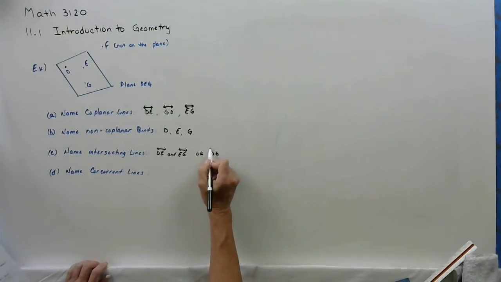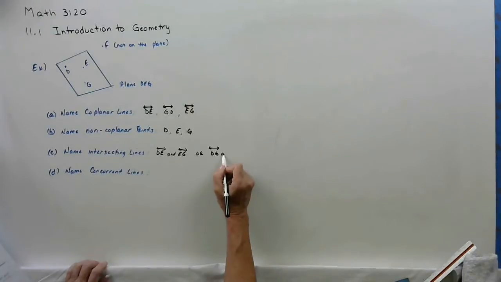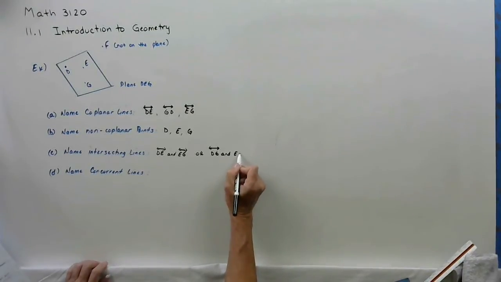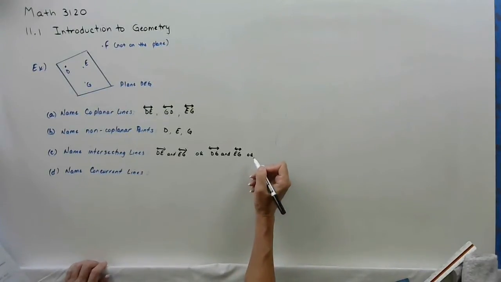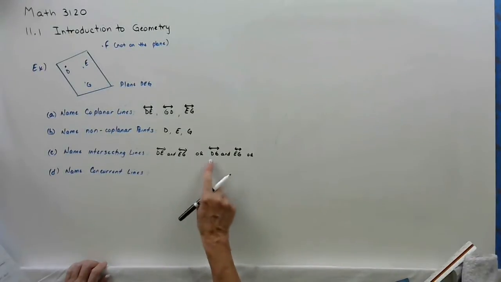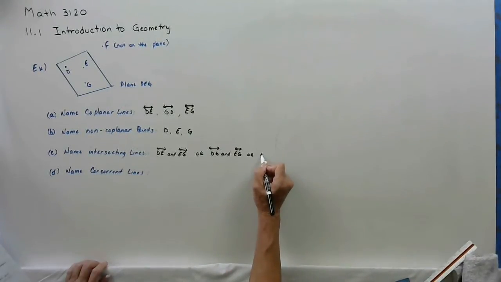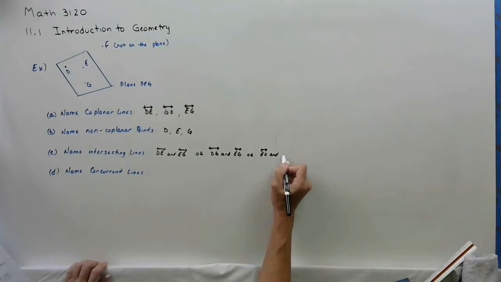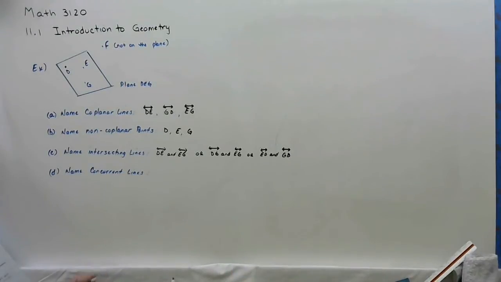From D to G, and E to G. Or I think we have one other. Let's see, oh, they both have to intersect at D. So I could say from E to D and G to D, or D to G, okay? And then concurrent lines.